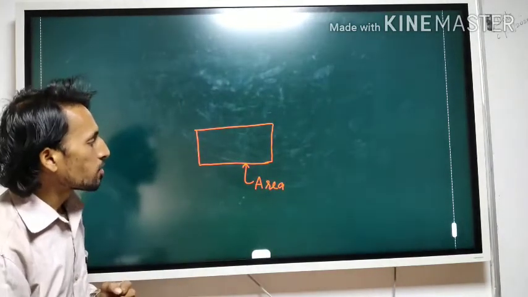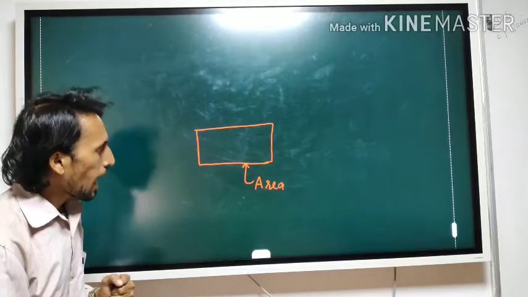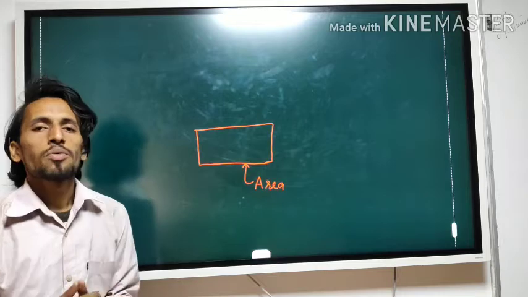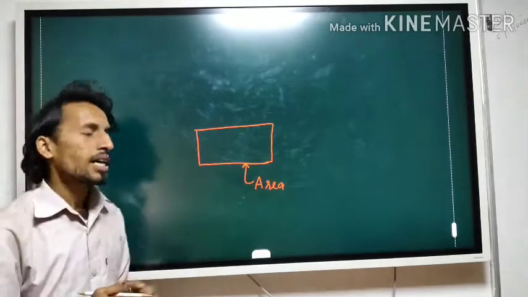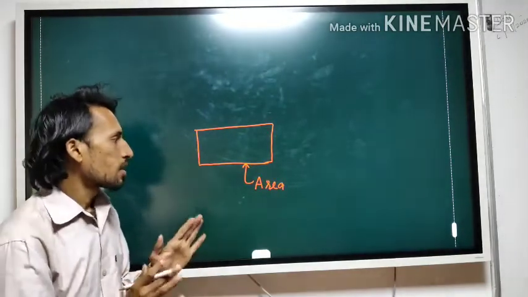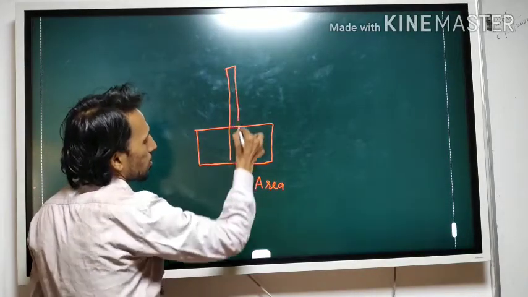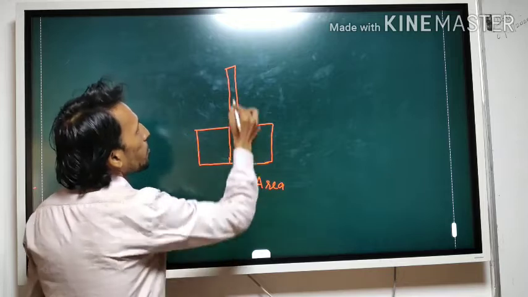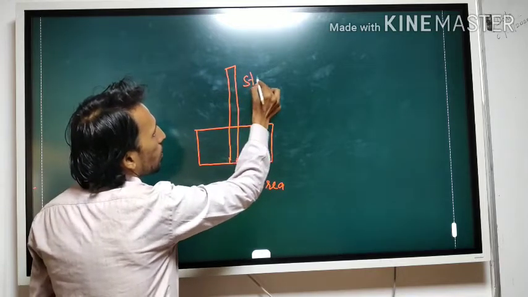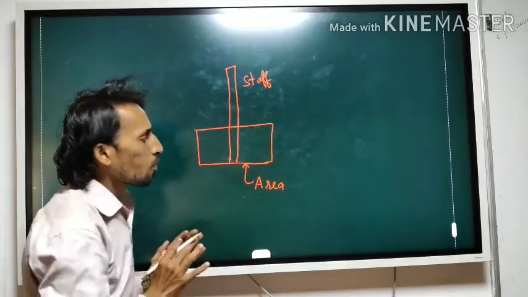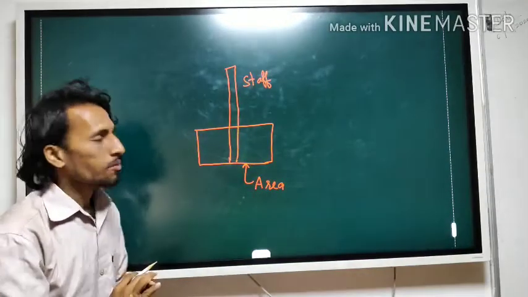Now what you can do, you have to simply check what is in this area. You just have to fix one staff, one surveying staff here. So when water flows in the stream, what will happen?